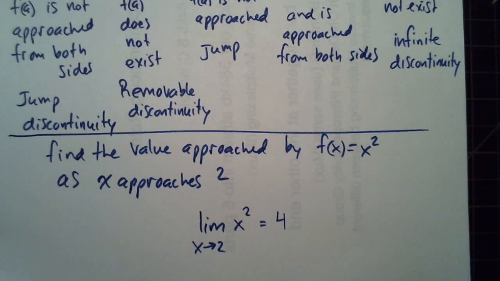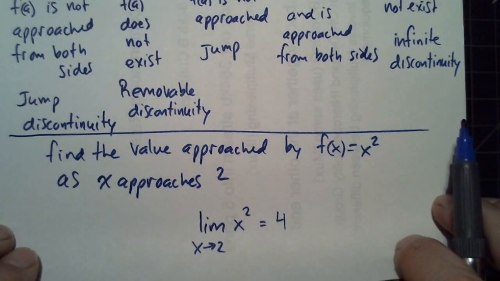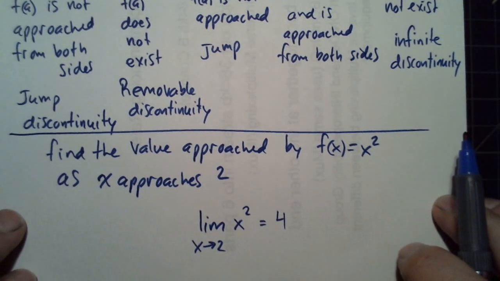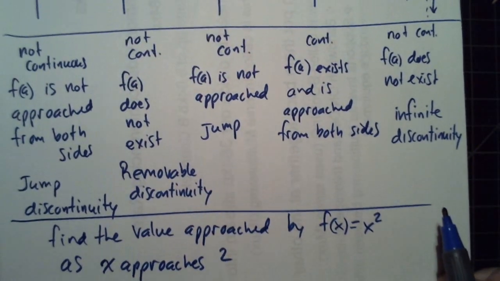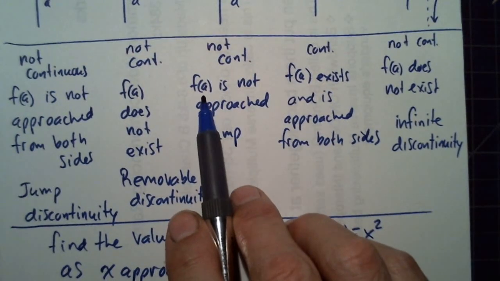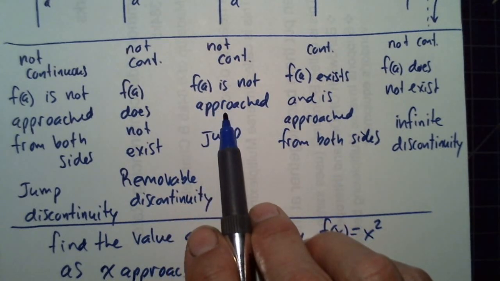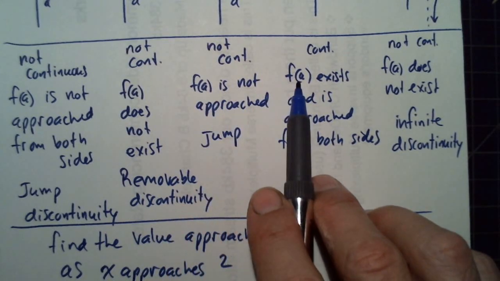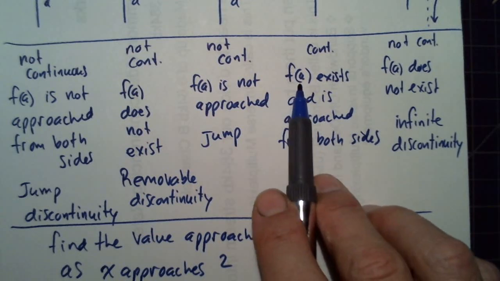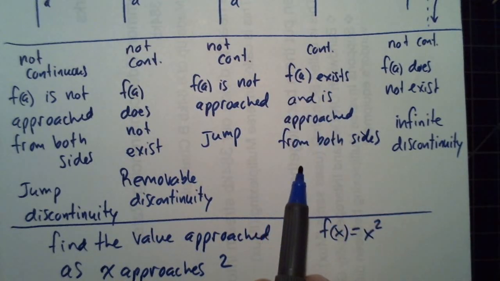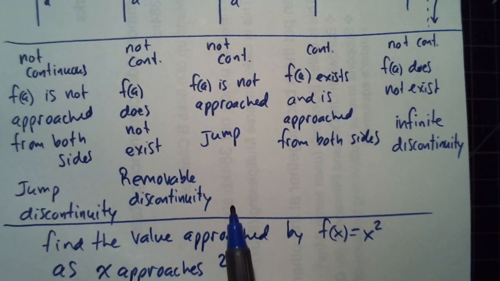So now that we have that notation for a limit, we'll talk about the definition of continuity at a point. So the y value has to exist, and the y value has to be approached from both sides, and that means it will be continuous.